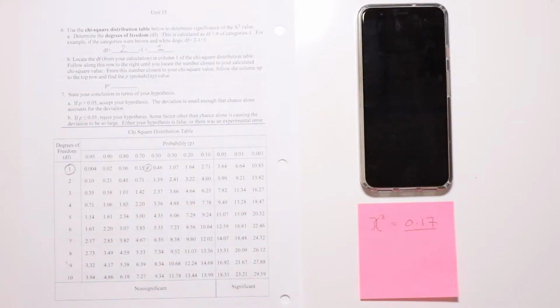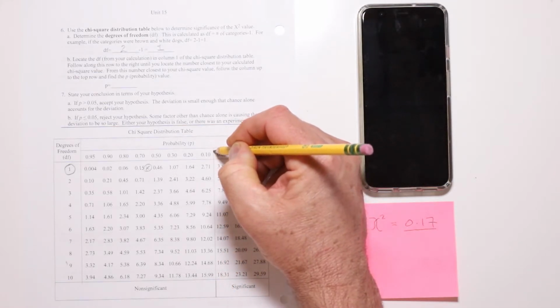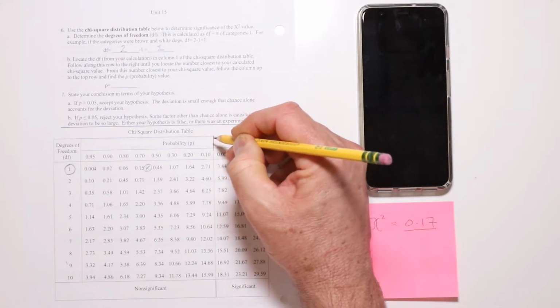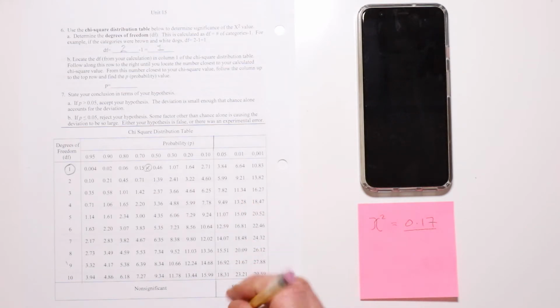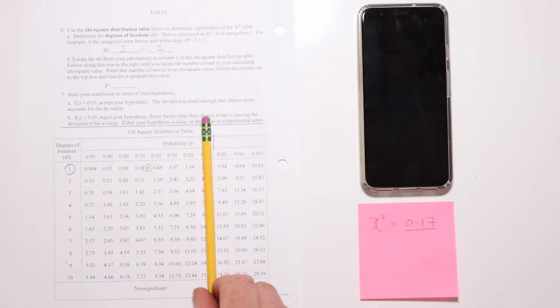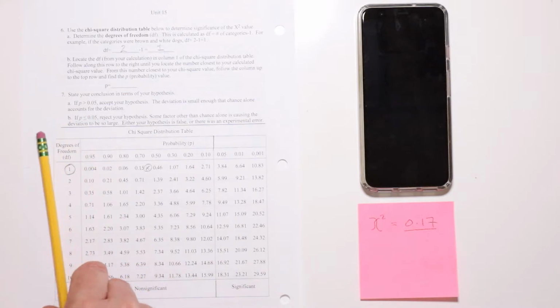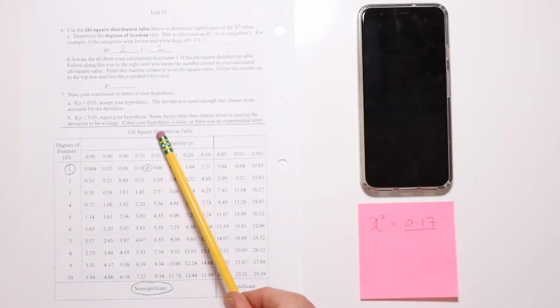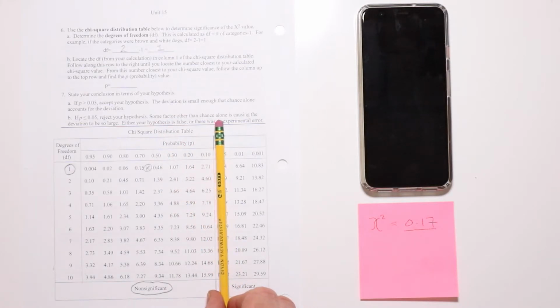Now, let me orient you to this table. This line here is quite a significant, no pun, but it's quite a significant line. All chi-square values that lie to the left-hand side of that line are non-significant chi-square values. All right. All chi-square values that lie to the right-hand side of that line would be significant chi-square values.